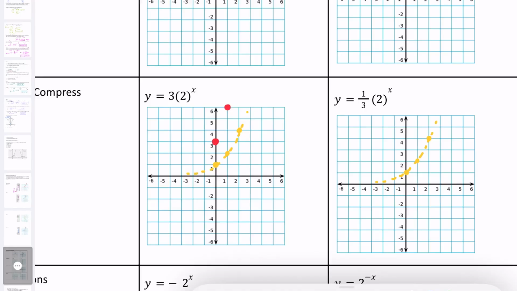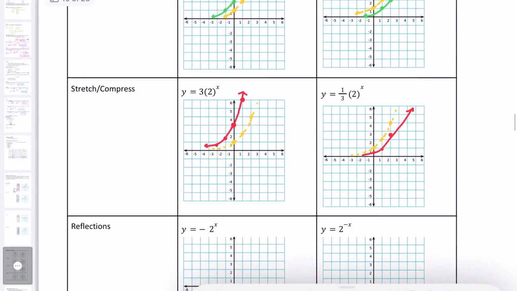And then let's see, -1 was 1.5, and then 0.75 if I remember correctly. So that was stretching it, where with 1/3, what ends up happening is we end up starting at a smaller value and slowly increasing. 2 will be 2.5, and so on. So we're increasing, but a little bit more slowly. Those are going to be stretches and compressions. Stretch on the left, compression on the right.